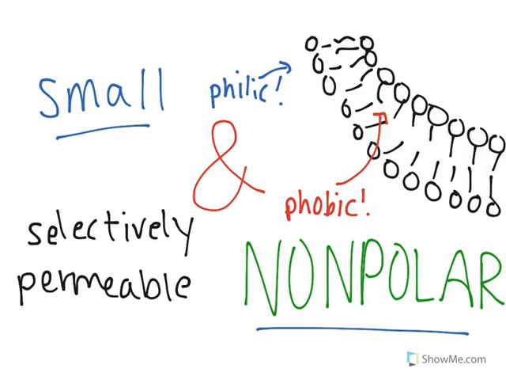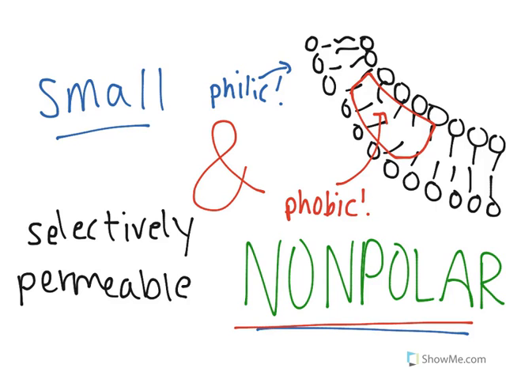In the case that you want to move materials through that membrane, you have to move it through all of this hydrophobic area. And that means molecules that are nonpolar are going to be able to move through that a lot easier because hydrophobic molecules are often nonpolar.